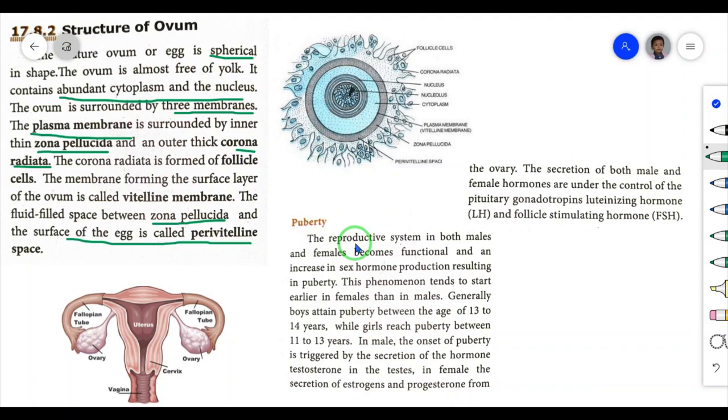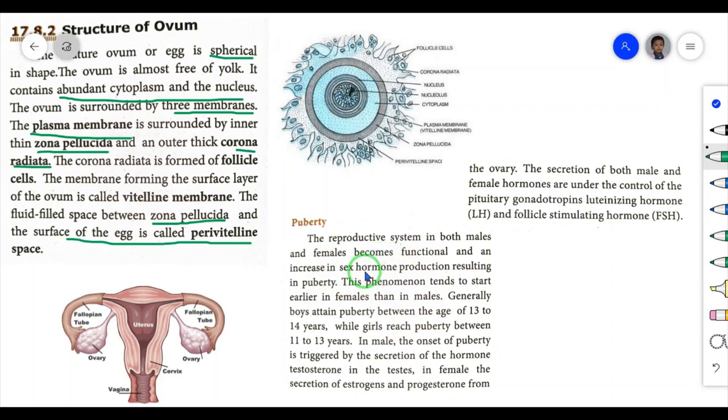The reproductive system in both males and females becomes functional, and an increase in sex hormone production results in puberty.